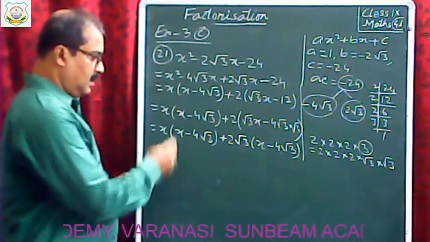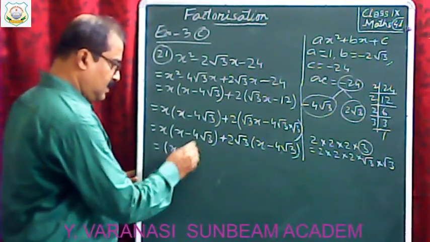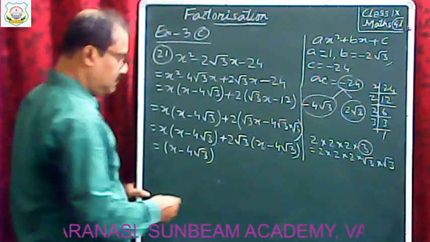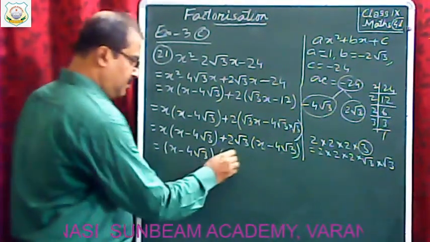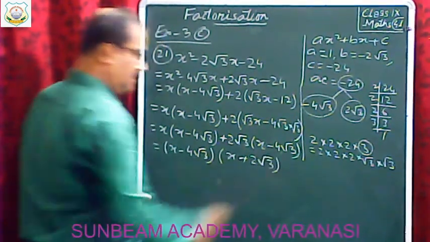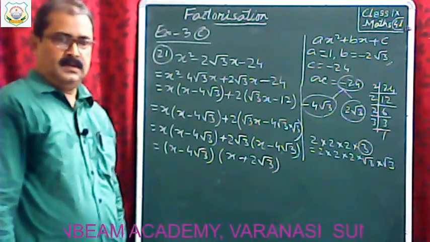Now both the brackets remain same. Finally you have to take out x minus 4 root 3 as common. Clear? In first term x left, in second term 2 root 3 left. Okay, so simple.